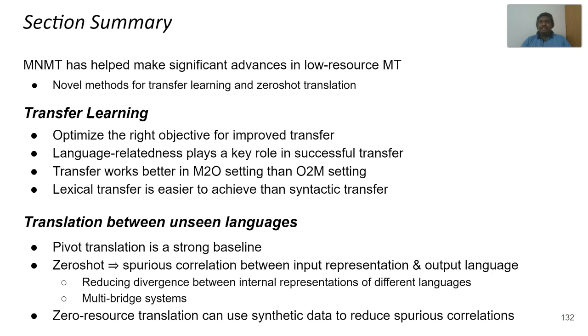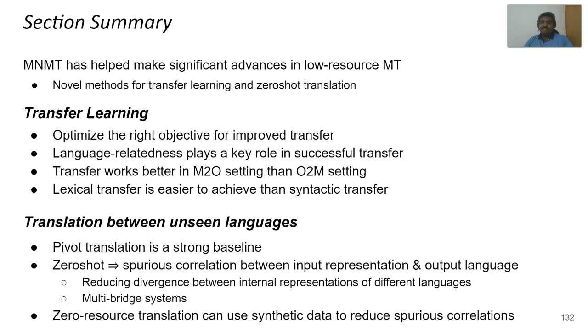How we design the models and the pre-processing so that we can take advantage of that is important. Transfer works better in a many-to-one setting compared to a one-to-many setting. So there is scope for exploration as to how we can improve transfer in the one-to-many setting.